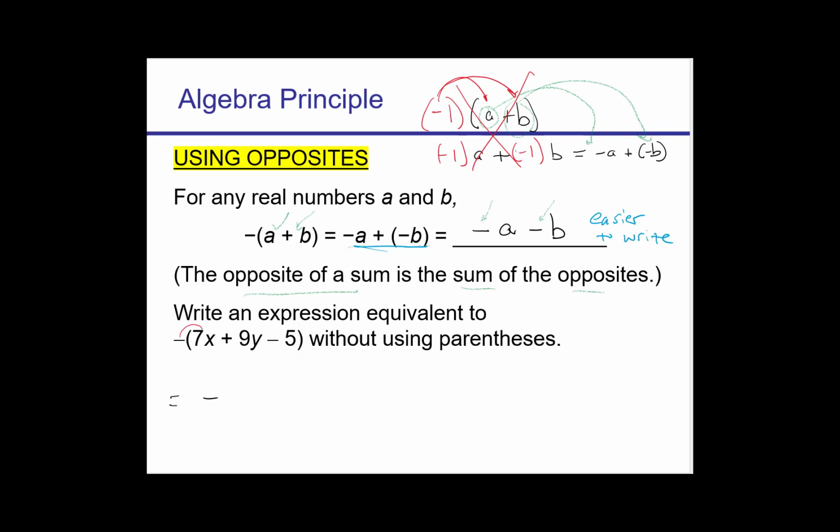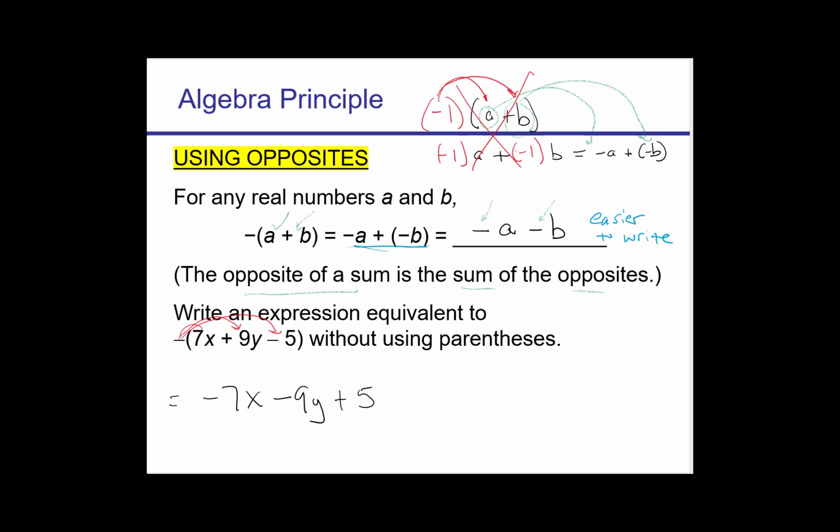Okay, that's -7x. Make the opposite of plus 9y. Oh, that's minus 9y. Make the opposite of -5. Oh, that's easy. That's plus 5. So notice in the group, the 7 went to -7, the 9 went to -9, and the -5 went to +5. That's it. That's how you can take an opposite of a group. It's pretty straightforward. I hope that kind of clicks for you.